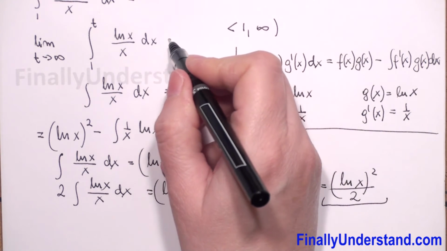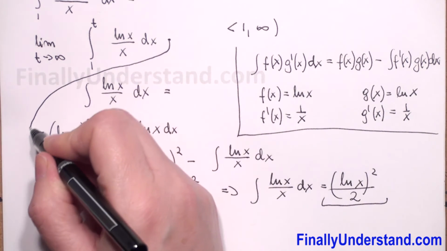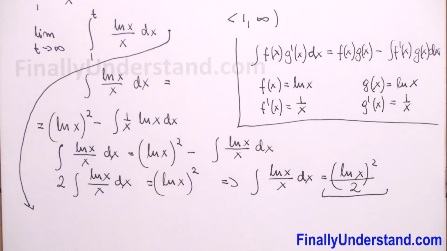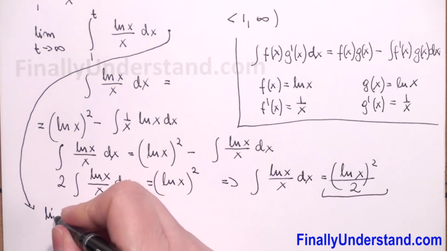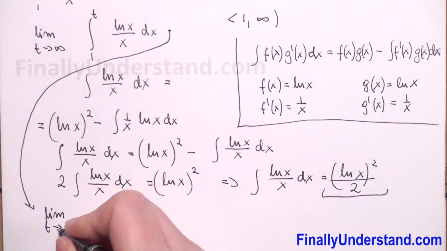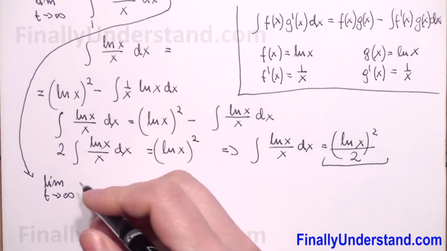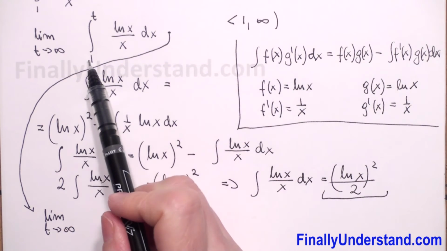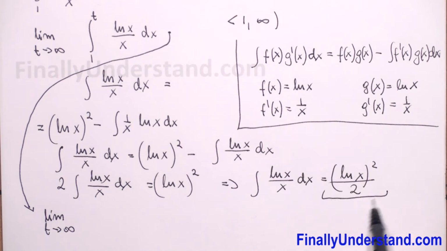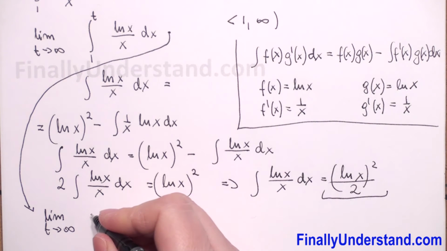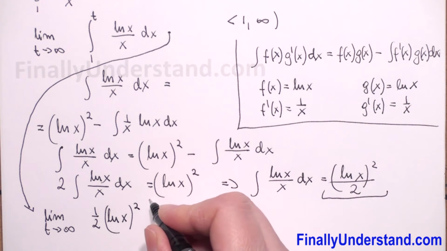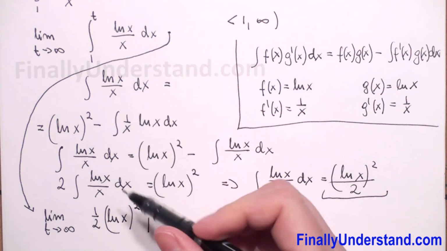So we now have to come back to our limit, and let me copy. We have the limit t goes to infinity. Because we have here a definite integral, we have to copy our result. We can write that we have 1/2 natural logarithm of x to the second power, and we have to put the limits of our integration.